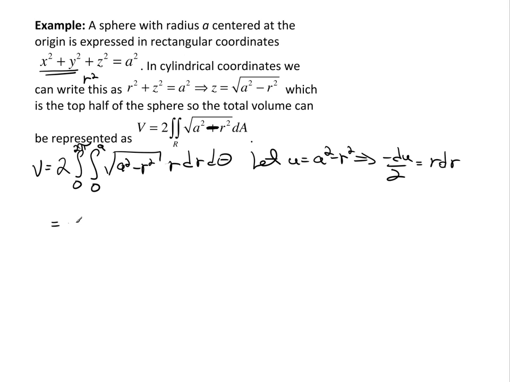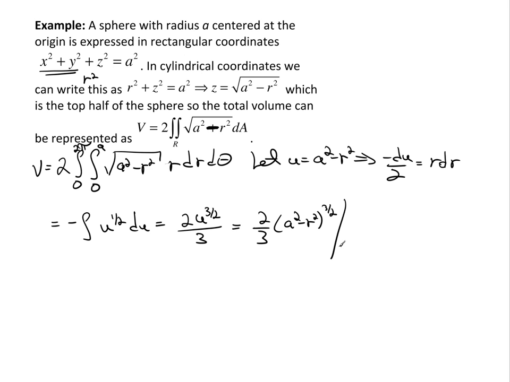So this is going to give me the negative of the integral of u to the 1/2 du, which is going to be 2u to the 3/2 over 3. But I need to get back to my a's and r's, so that's going to be 2/3 times a squared minus r squared to the 3/2, evaluated from 0 to a.